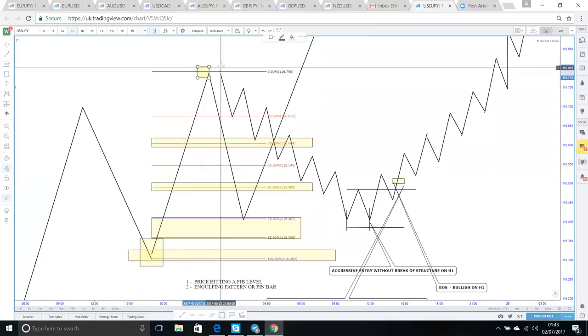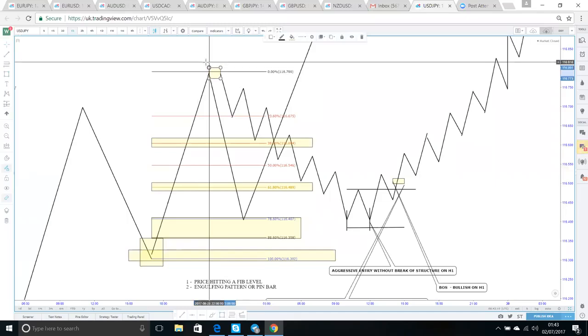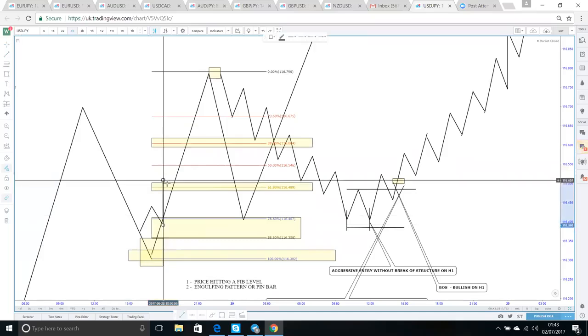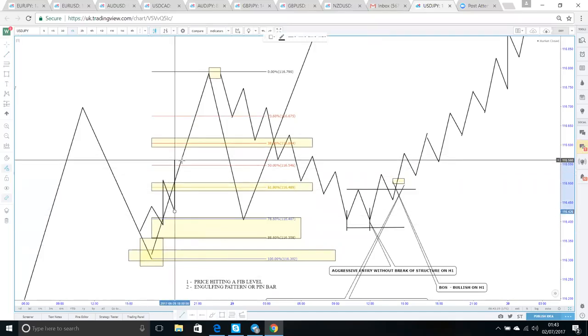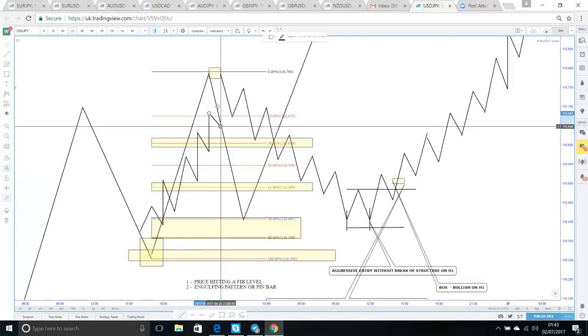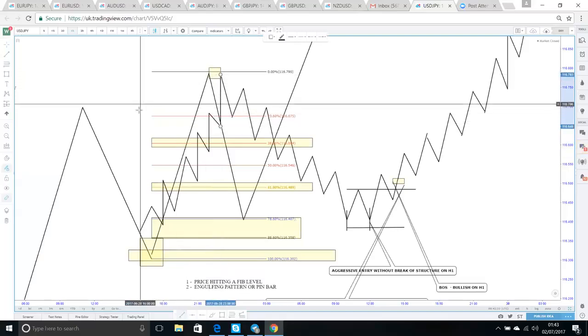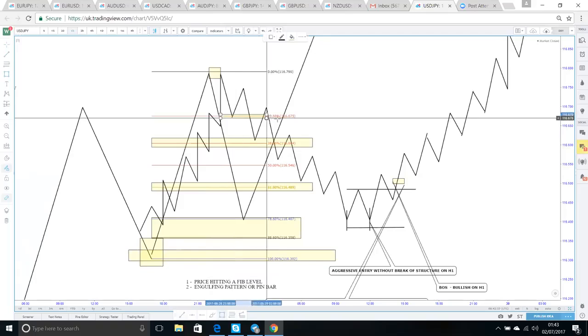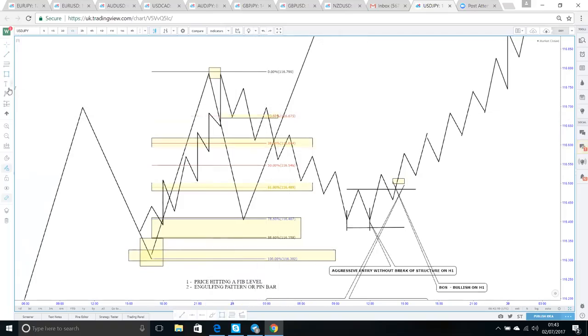Go on to H1 and you see when H1 changes from a bullish structure to a bearish structure. If it makes sense what I said. Makes sense, guys? When on H1 the price breached this, that is where your entry was.